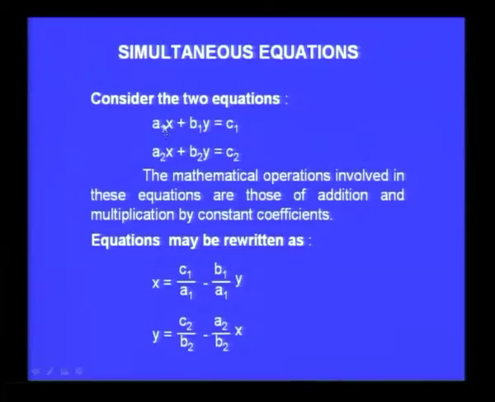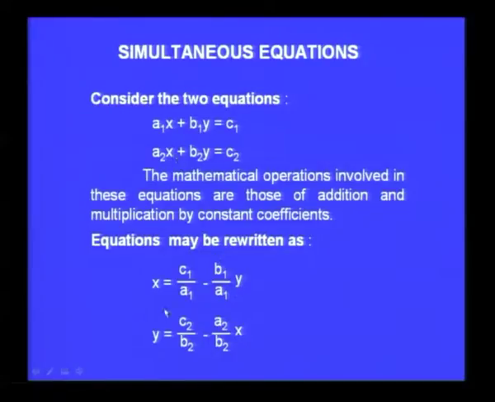So if I take the first equation, a1x plus b1y is equal to c1, I can rewrite this by retaining the first term, x is equal to c1 by a1, I divide throughout by a1 here. So, c1 by a1 minus b1 by a1 y when I take the y coefficient to the other side. So, x equal to c1 by a1 minus b1 by a1 times y.